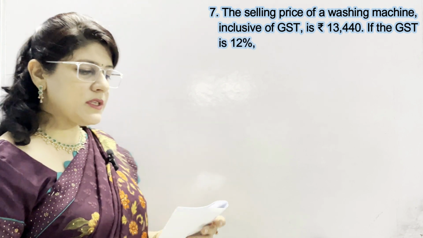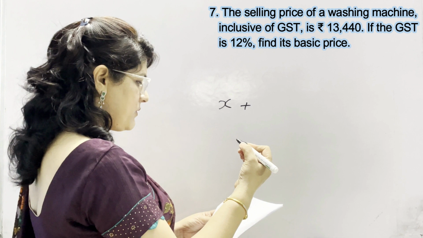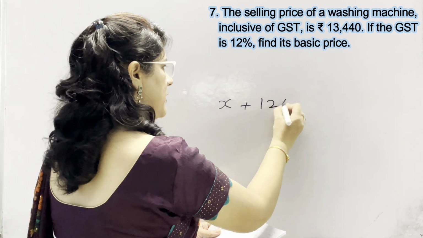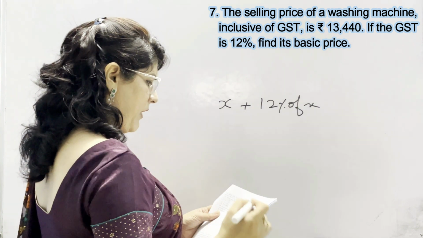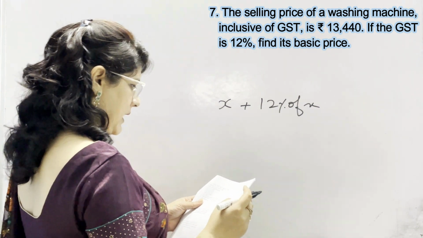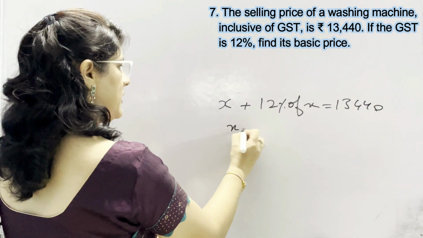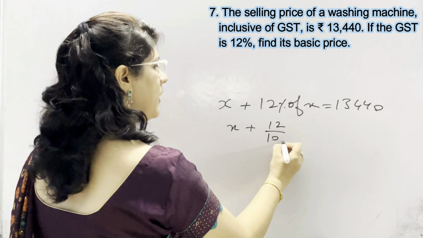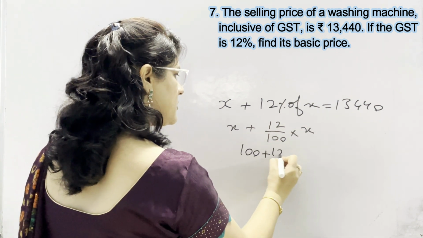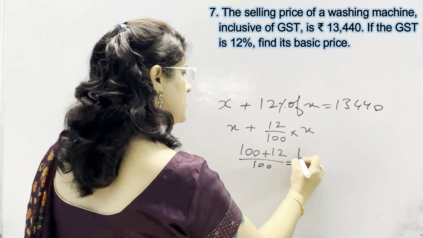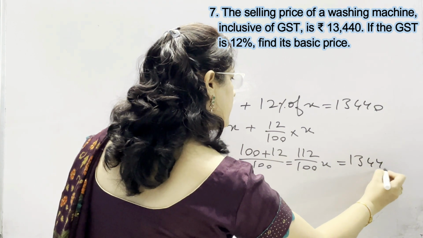Now question number 7, the selling price of a washing machine inclusive of GST. Whenever such types of questions come, we need to assume the marked price as X, and the rate of GST given in this question is 12%, so 12% of X. This is the GST-including price, and here it is given as 13440. So X plus 12 upon 100 into X, taking LCM 100 plus 12 upon 100, it means 112 upon 100 x is equal to 13440.